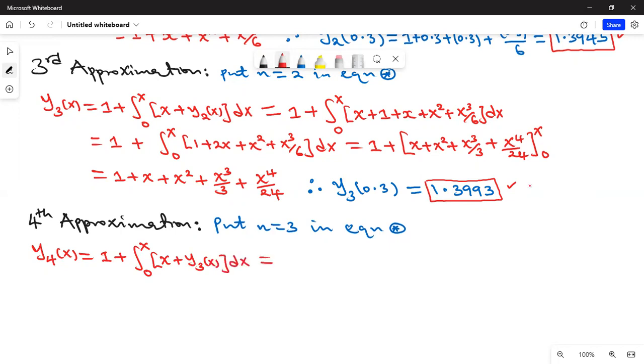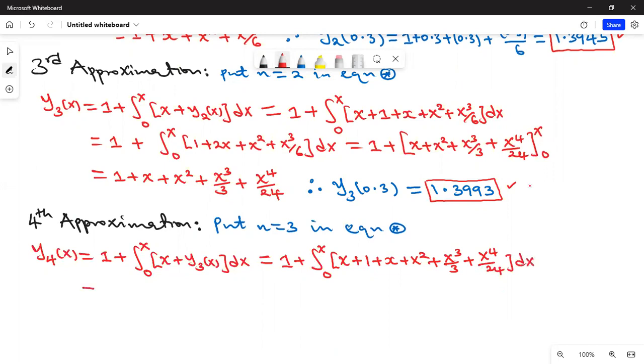If you replace y3, because already we have it as a function of x, we are adding it to x, that will give us 1 plus the integral from 0 to x of x plus our y3, which was 1 plus x squared plus x cubed over 3 plus x raised to 4 over 24 dx.